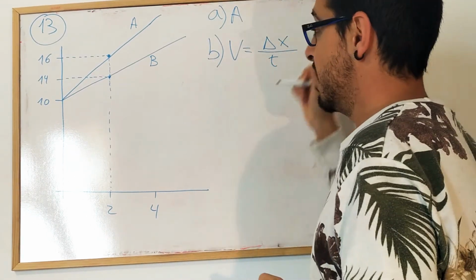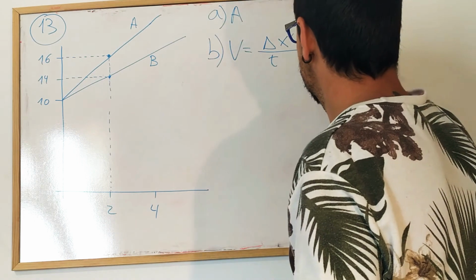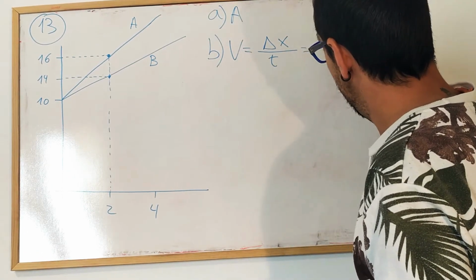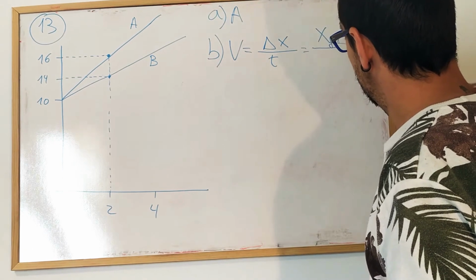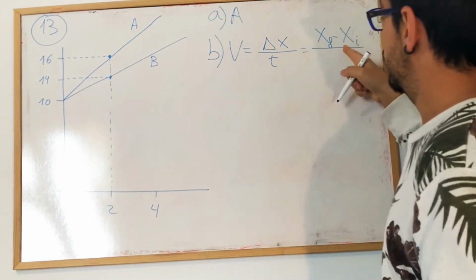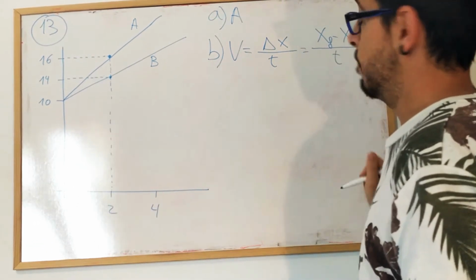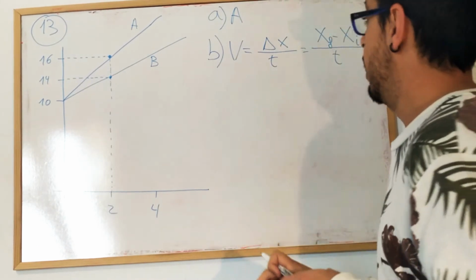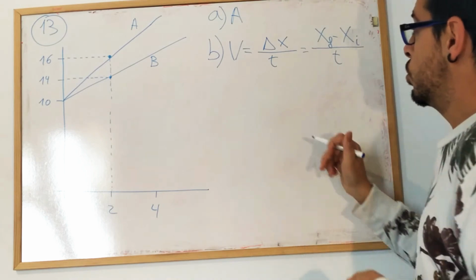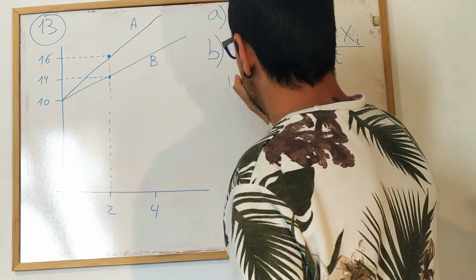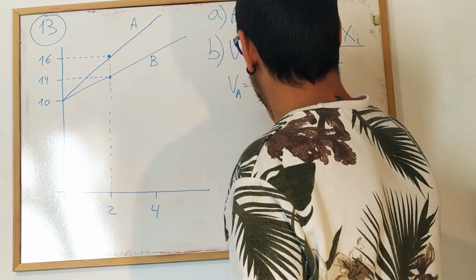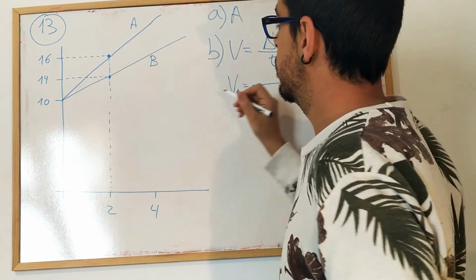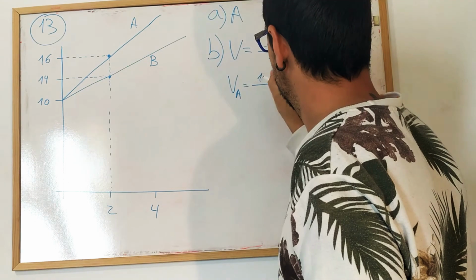The increasing of position is the same as saying final position minus the initial position divided into time. Remember this formula.